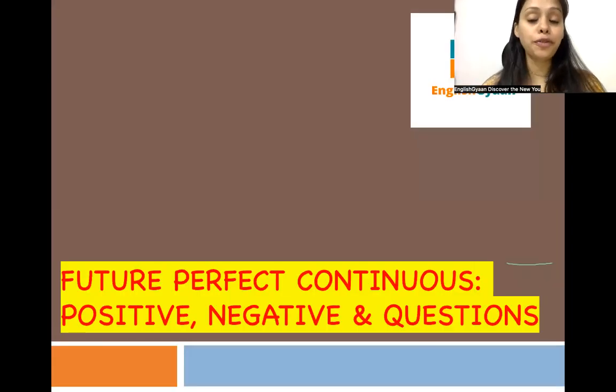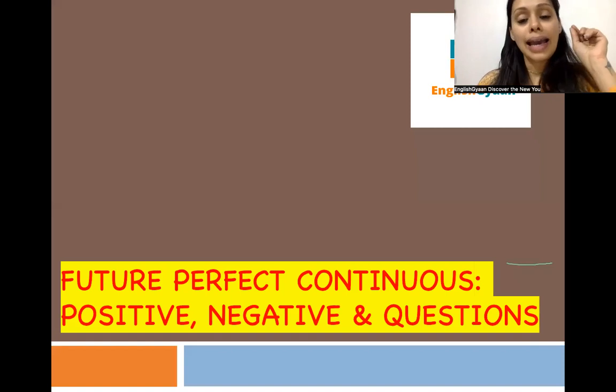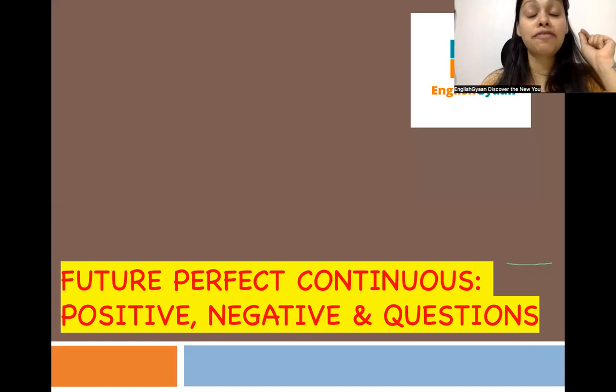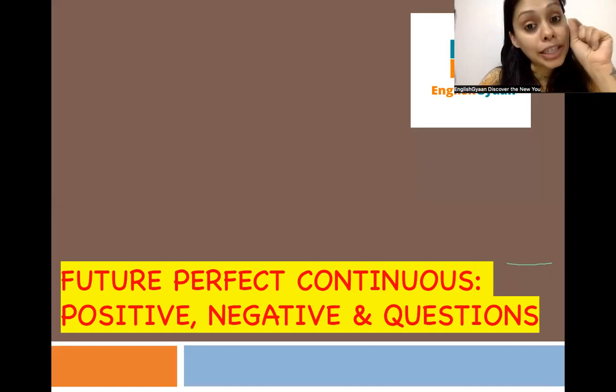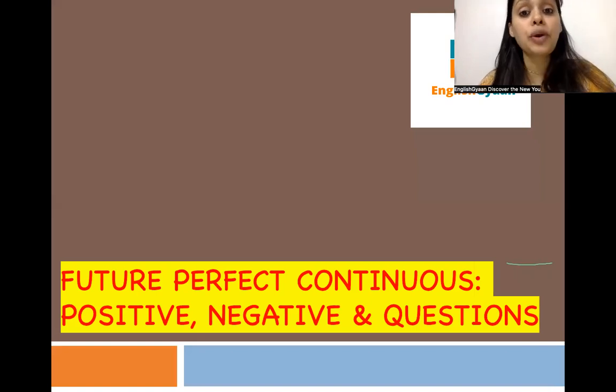So the tense that we are going to focus on today is called future perfect continuous tense. What do you mean by future perfect continuous tense? Listen to me very carefully. Any activity that you are going to start in the future, it is going to continue for some time and end in the future.